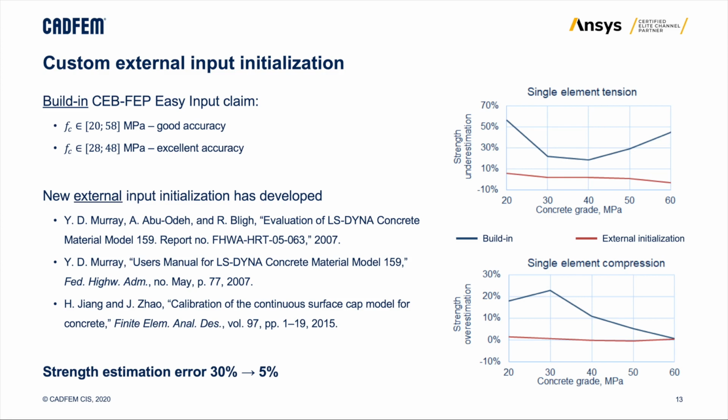So we created our own external input initialization procedure in the form of a Python script. That procedure allows us to significantly reduce the error. For example, for concrete with strength 50 megapascal, we can reduce the strength prediction error for a single element from 30% to 5%. This is a huge improvement in model work.